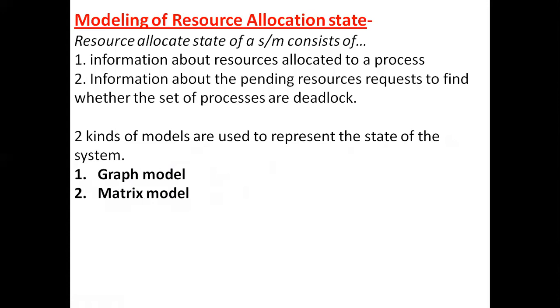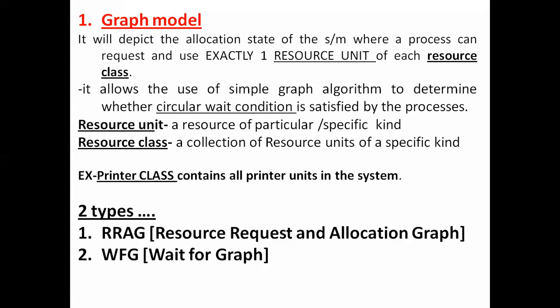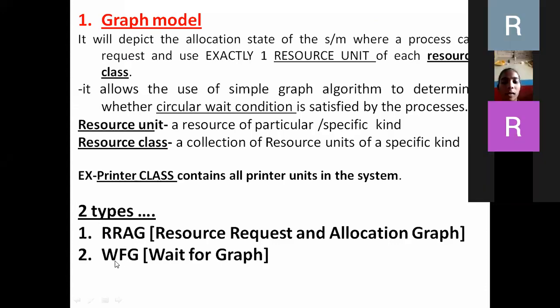And we had the edges as well. RRAG is one type of the main graph model, and the second one is the wait for graph. In the last video we had discussed RRAG, the resource request and allocation graph.